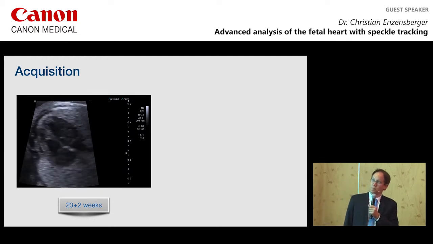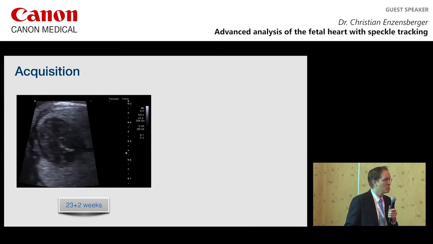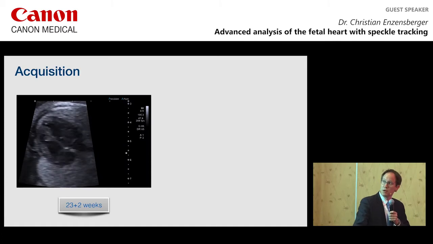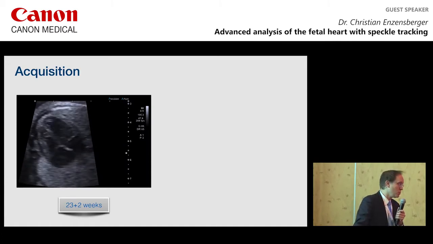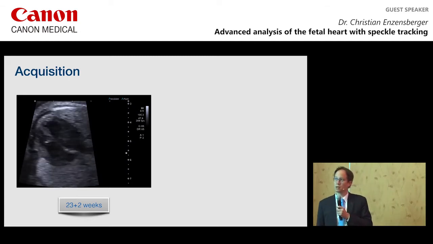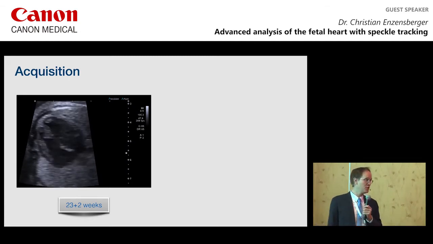So, the four-chamber view, as you can see here. Now we have the problem, because this is a tool which is normally based on experience in adult echocardiography, of a missing ECG. So we cannot get the ECG of the fetus.